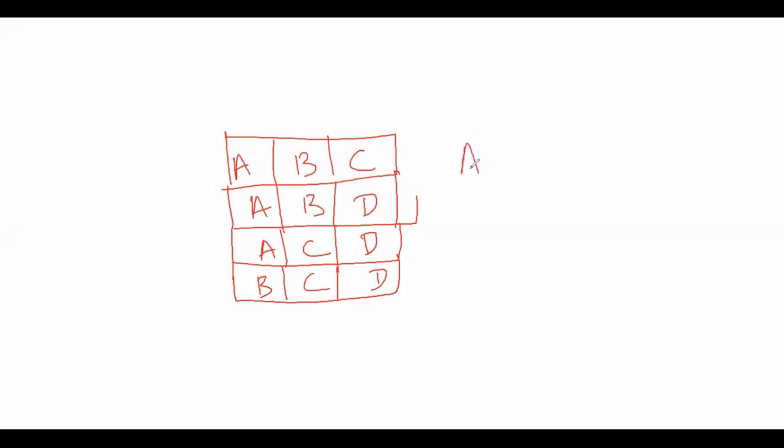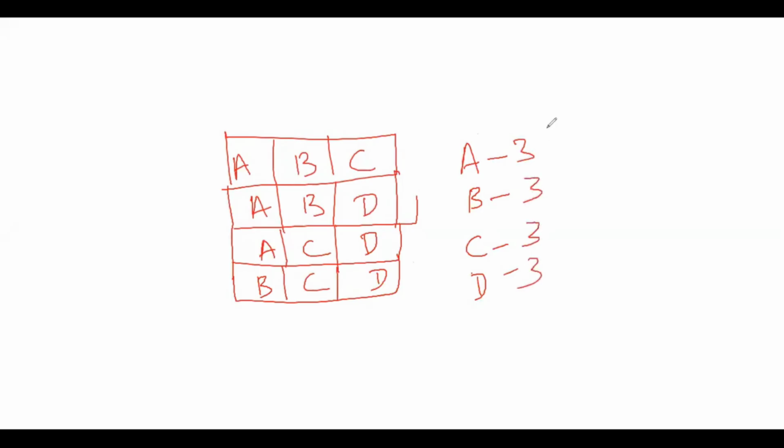Now tell me how many times A appears. All are 3. A 3 times, B 3 times, C 3 times, D 3 times.